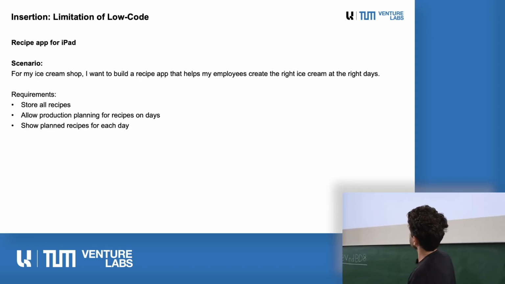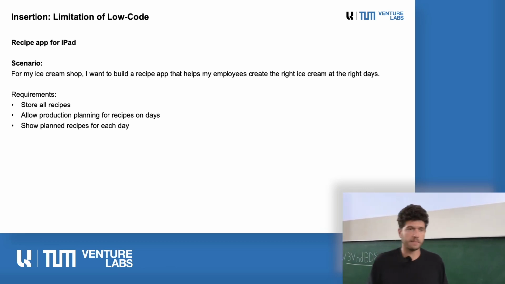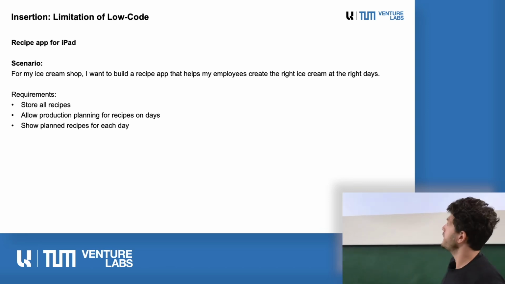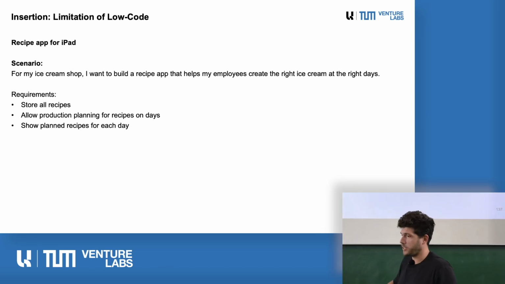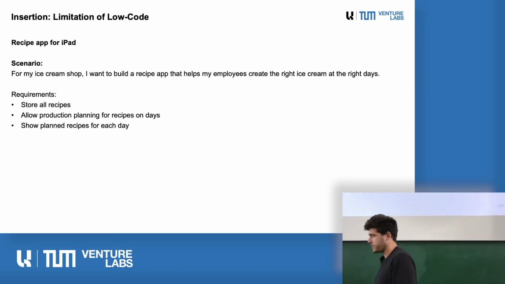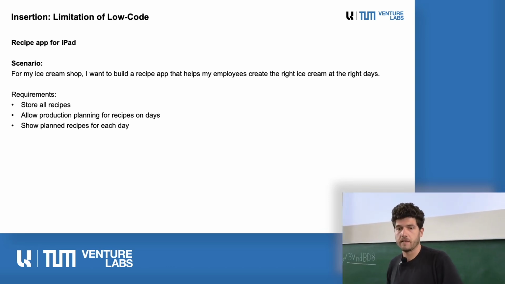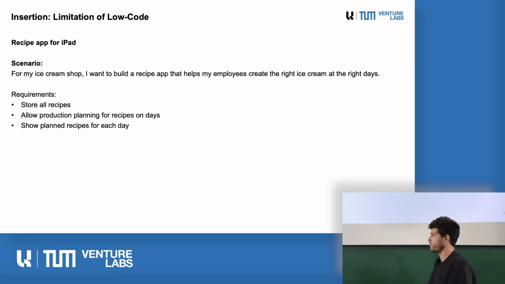So, scenario as described to you. What do we need? We, of course, need to store the recipes. We need to plan the production for specific days. That's basically a management task. And we need to show the planned recipe on each day in the production facility on an iPad that the employee can move around.